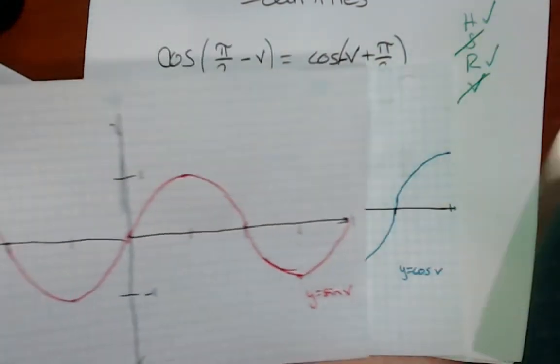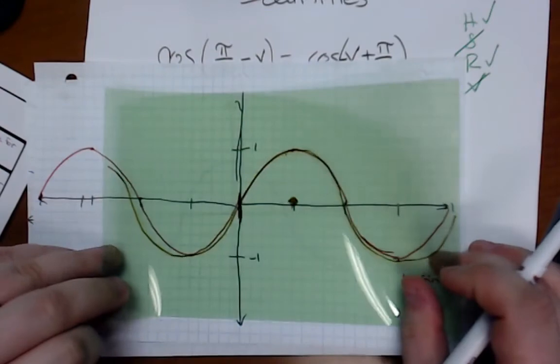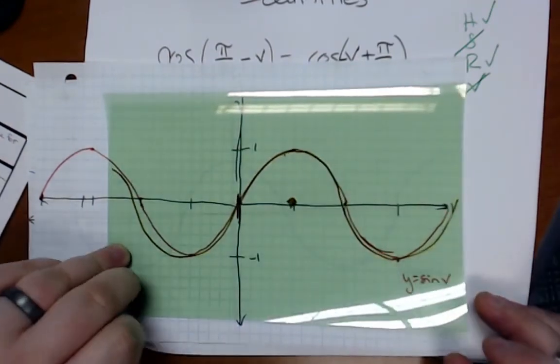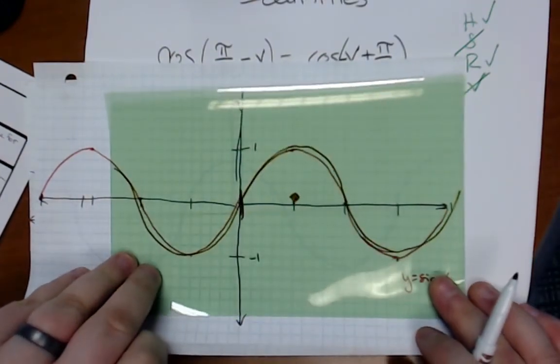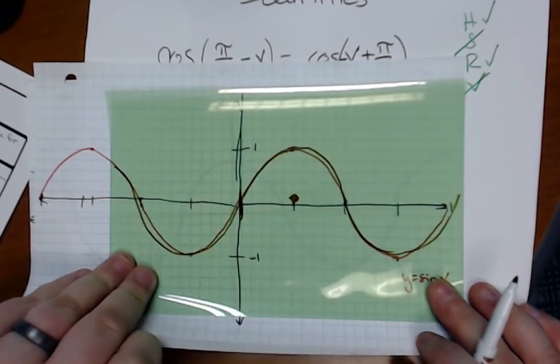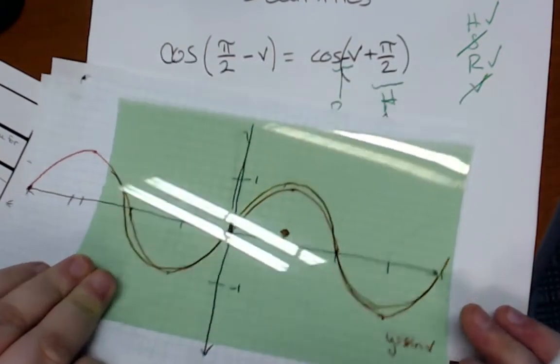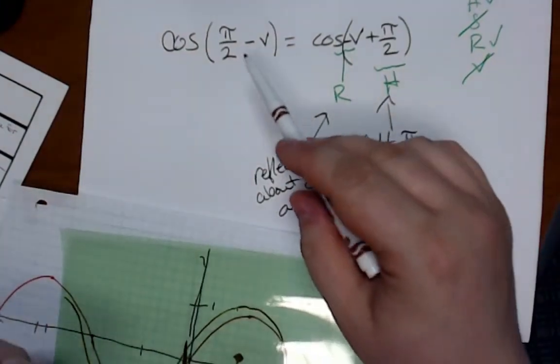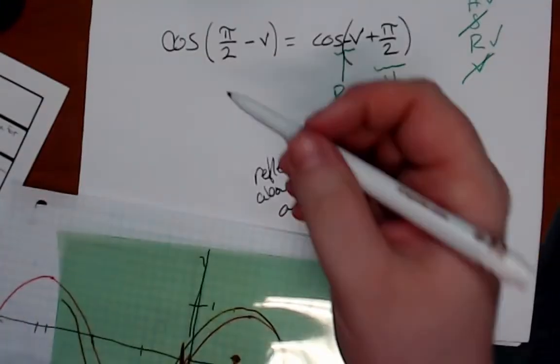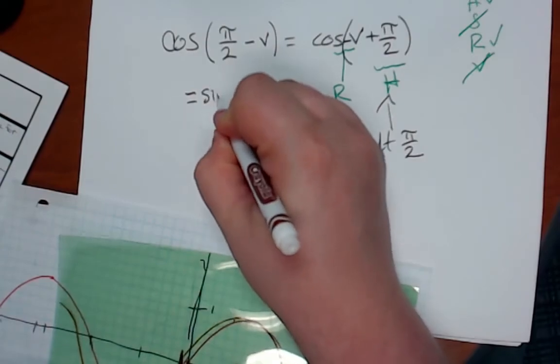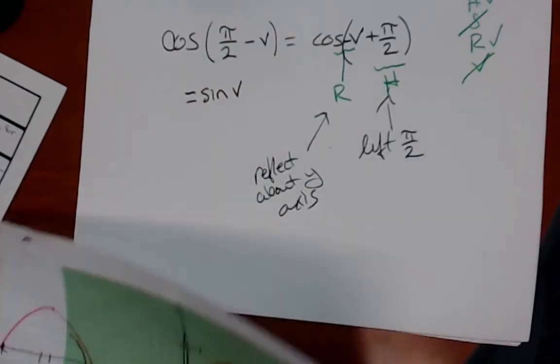Well, if I take that, this is our y equals sine of v. Notice those are exactly the same, or dang near close enough based on my scribbly handwriting. So the cosine of pi over 2 minus v is equal to the sine of v.